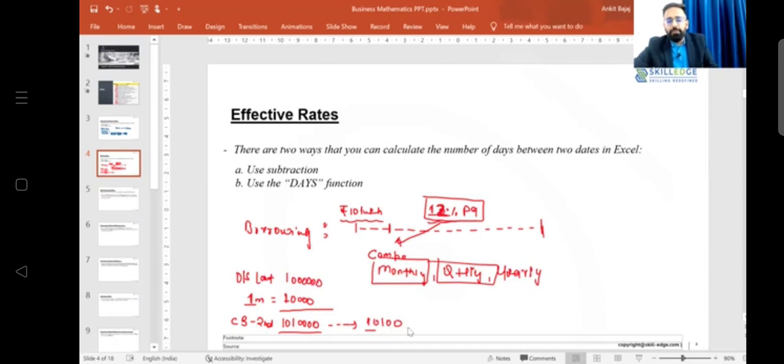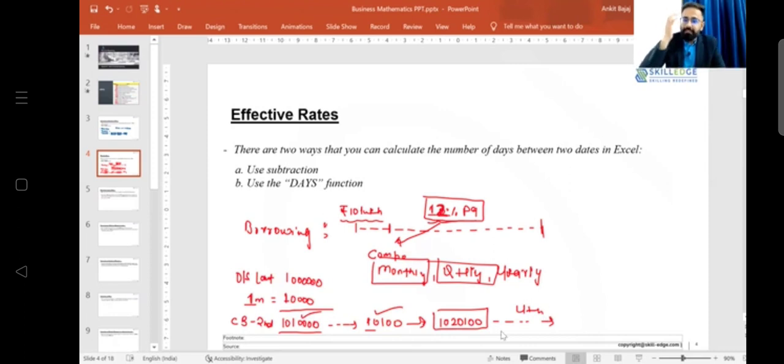The closing balance for the third month is going to be 10 lakh 10,000 plus 10,100 rupees, that is 10 lakh 20,100 rupees, and you will be calculating interest on this amount for the month. This is the compounding effect. You have to pay yearly interest, but the compounding concept is applicable.